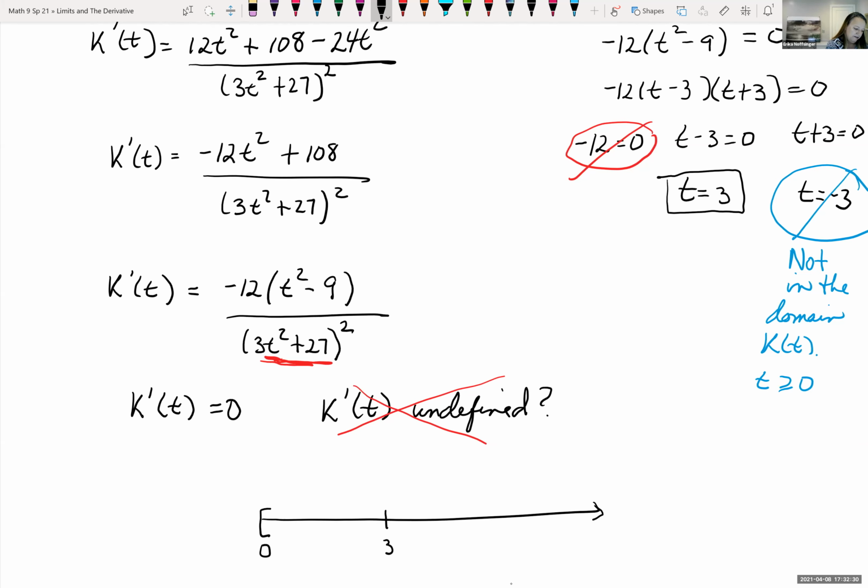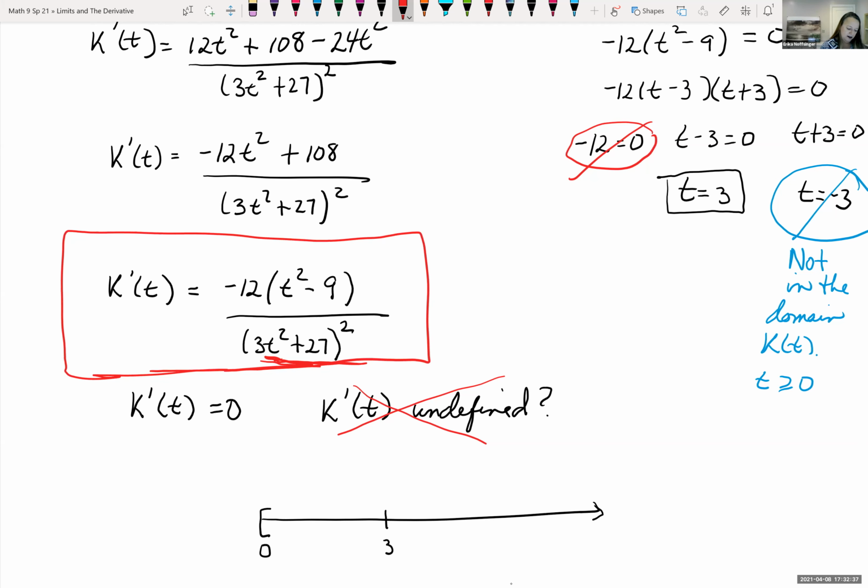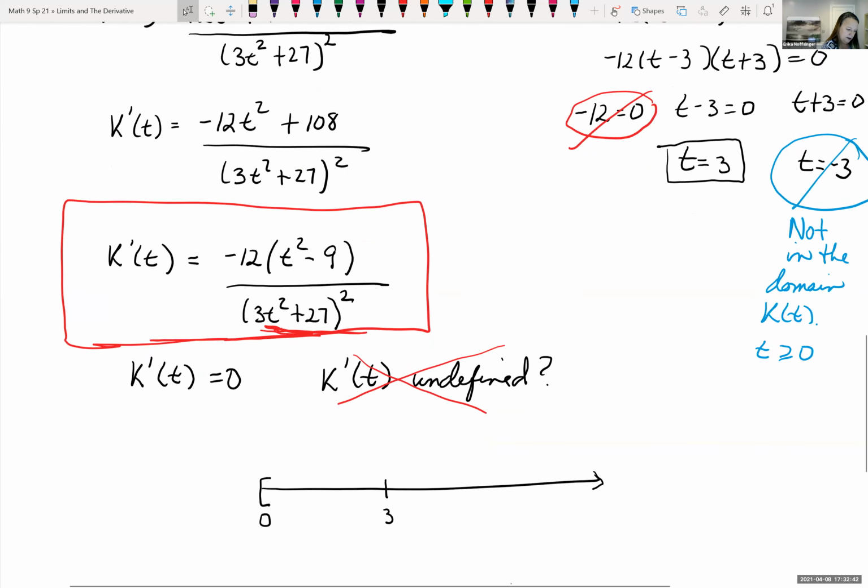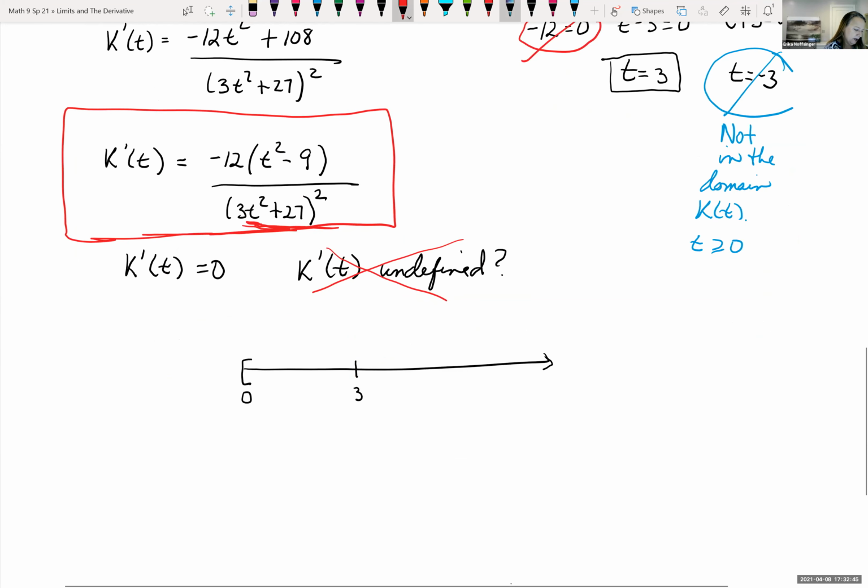Okay, so our derivative function, again, we only really care, is it going to be a positive or a negative number when we plug in a value in our interval? So let's choose a number between 0 and 3. How about 1? So if I look at k prime of 1, I'm really wondering, is my numerator going to be positive or negative if I plug in 1?